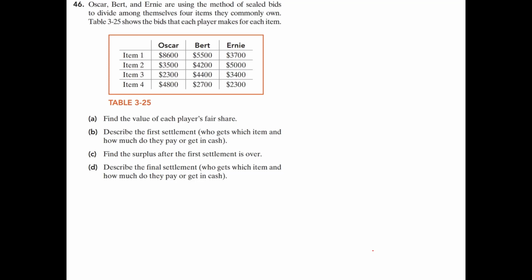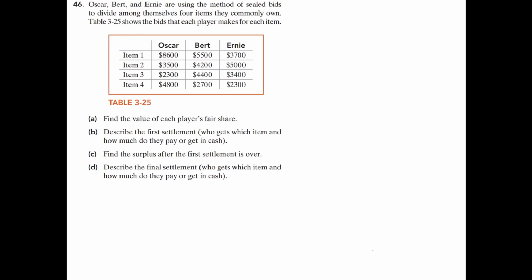Okay, so again, one of the things that we want to do here is first figure out what each person's fair share of all of the items is. So item 1 is worth $8,600 to Oscar, plus $3,500 for item 2, plus $2,300 for item 3, and $4,800 for item 4, giving the estate a total value of $19,200.